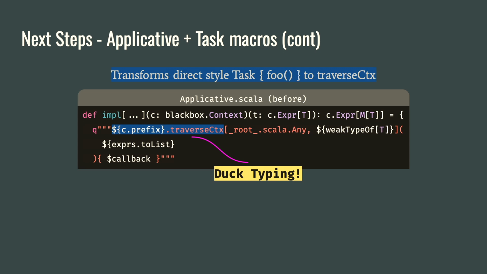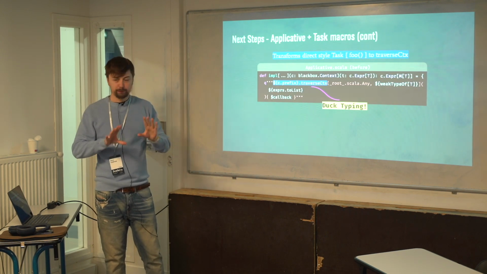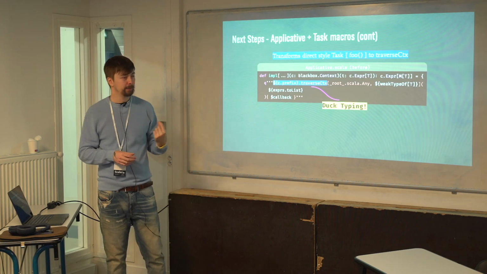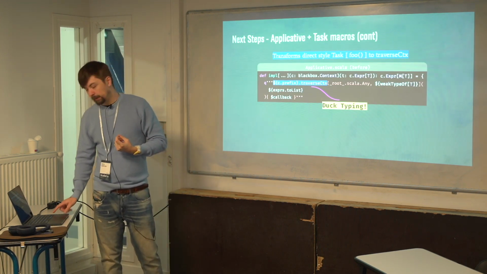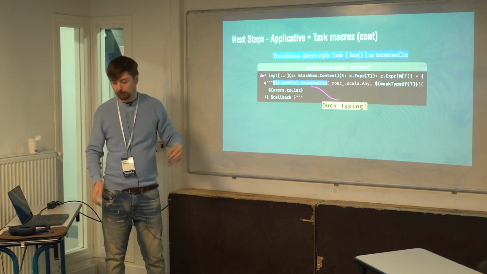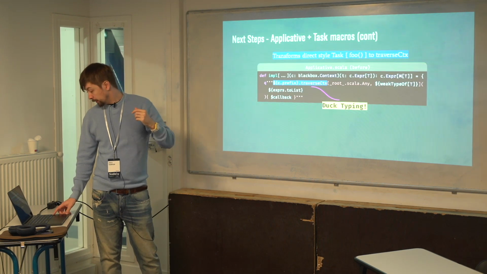There's no relation to what we have here. And also, this traverse context thing is just find me any old traverse context. I don't care which one it is. So it's again duck typing because it could be even in a completely different base class, and it would still resolve it correctly in this Scala 2 macro.